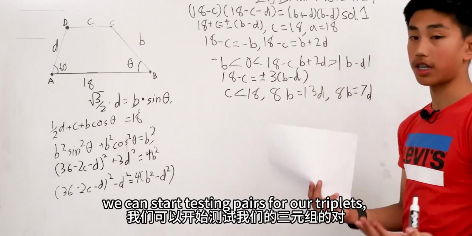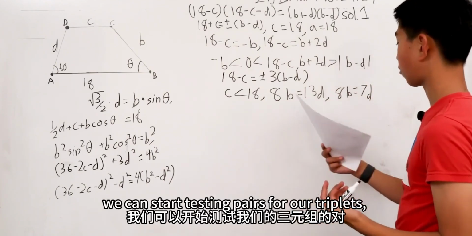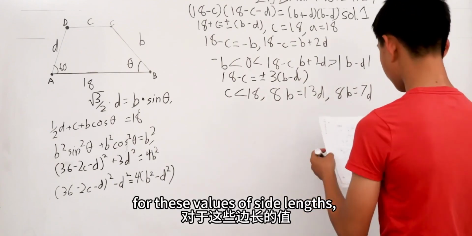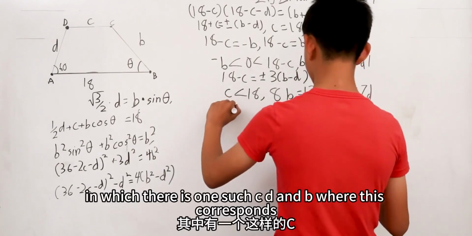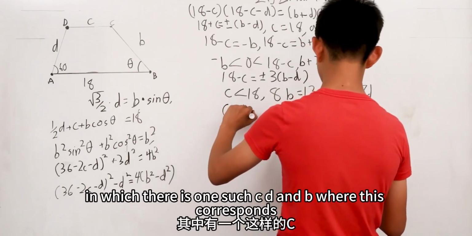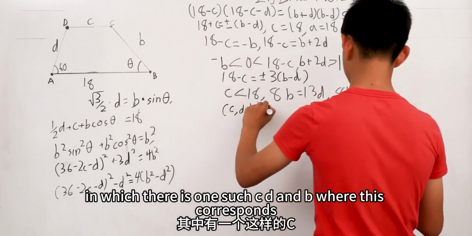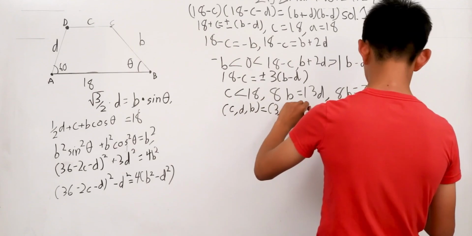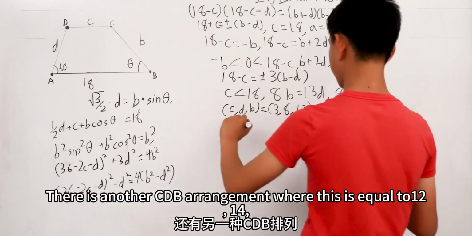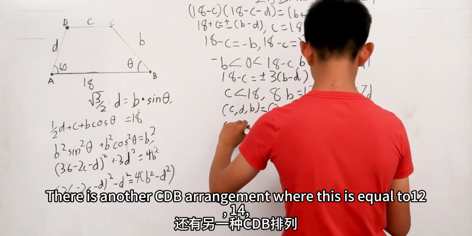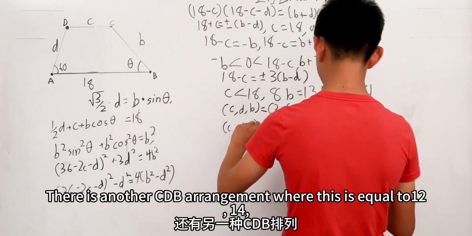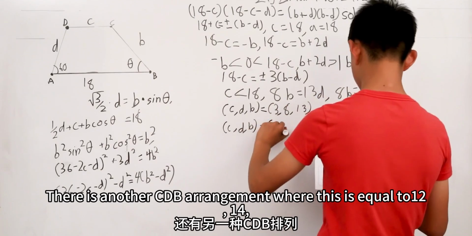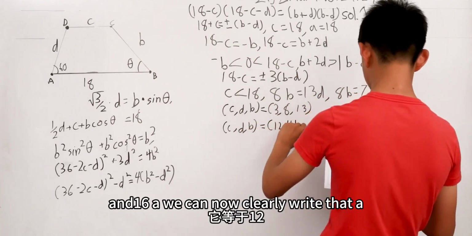Now, we can start testing triplets for these values of side lengths, in which there's one such c, d, and b, which directly corresponds to 3, 8, and 13. There is another c, d, b arrangement where this is equal to 12, 14, and 16.